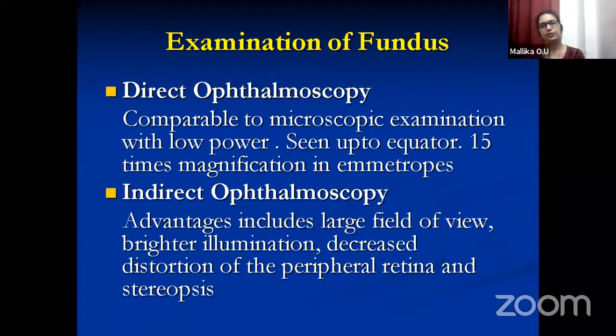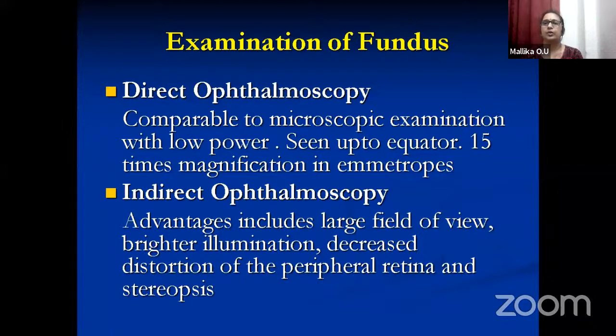The advantages of the indirect ophthalmoscope over the direct ophthalmoscope are that it has a three-dimensional view, and hence we use it binocularly for a stereoscopic view. The magnification of the indirect ophthalmoscope is less compared to a direct ophthalmoscope.